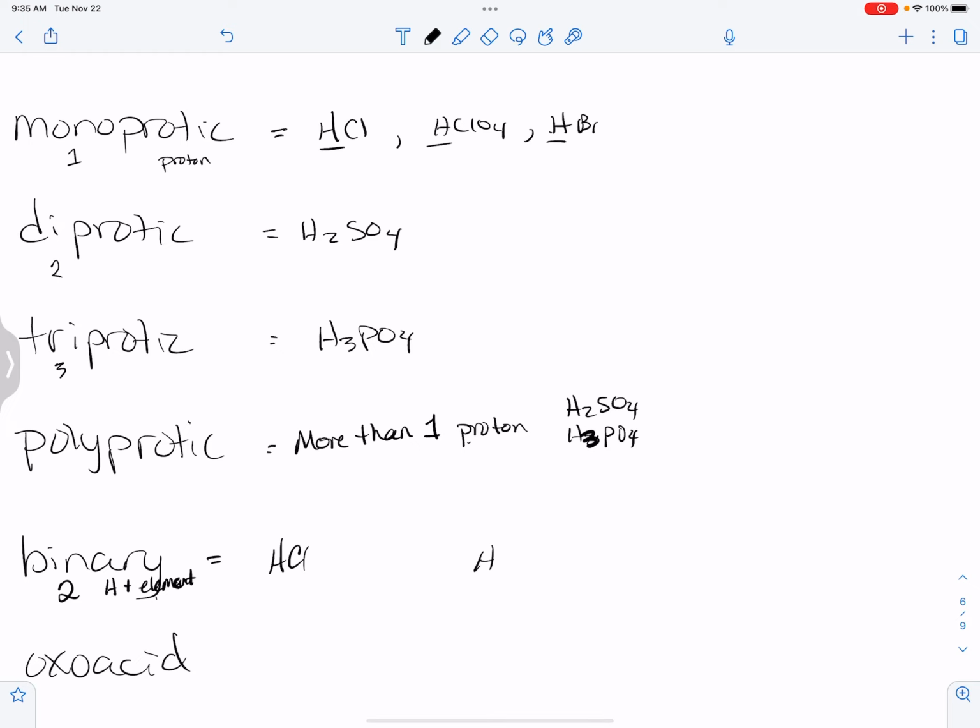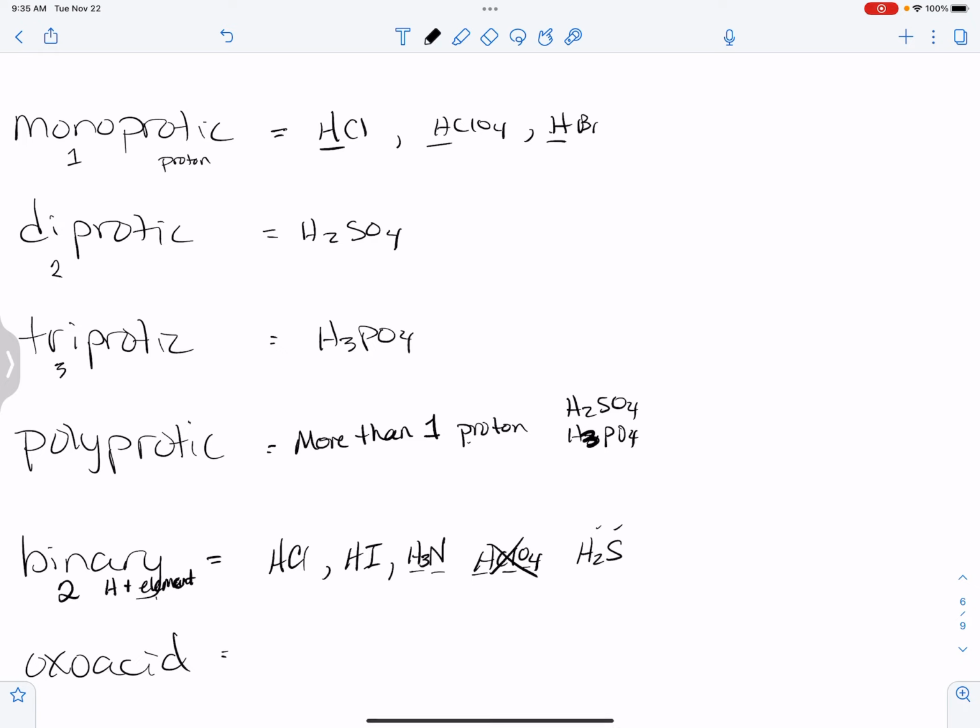But HClO4 is not, because it has an H, a Cl, and an O. So that is not binary. HI is binary. H3N, if it existed, that would be binary, again because it has two types of elements. And we can jump over to the H2S also. Again, two types of elements, binary, an H and an element.